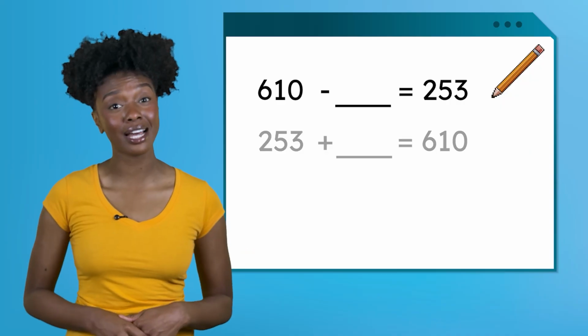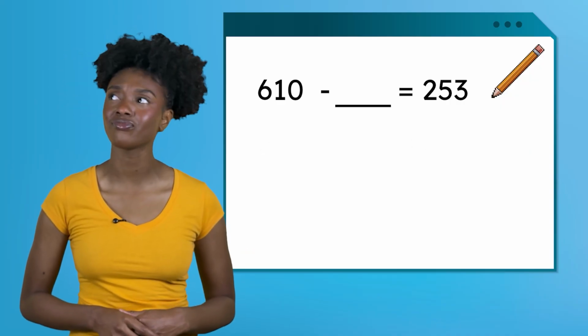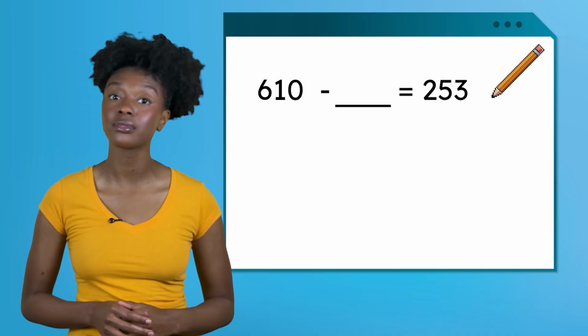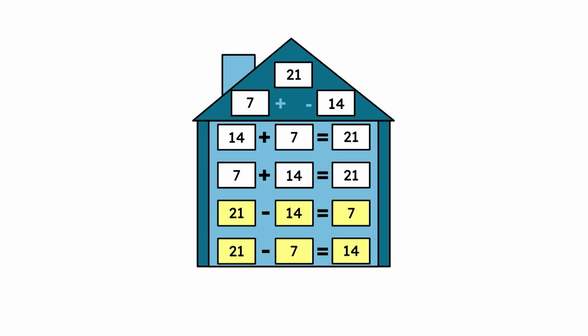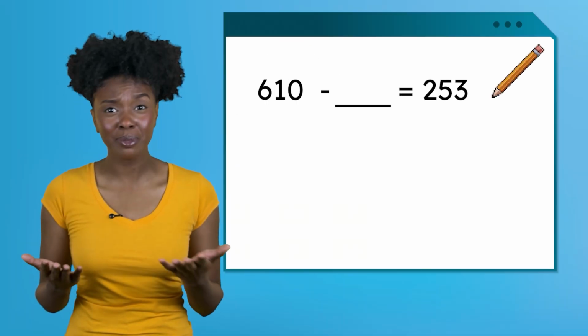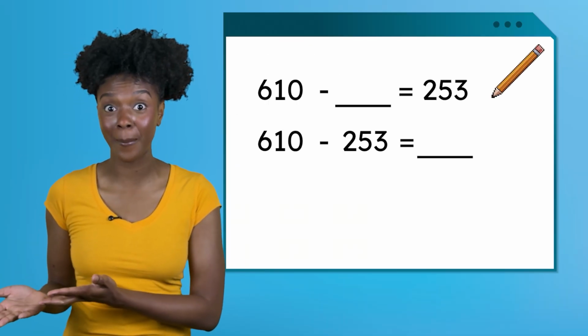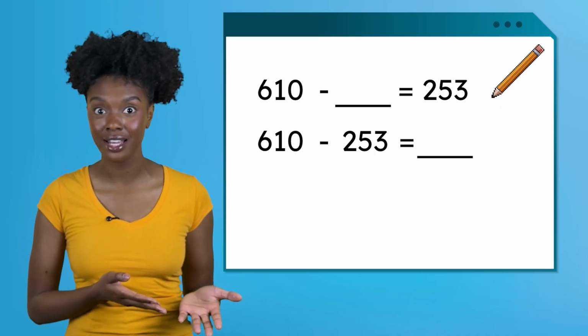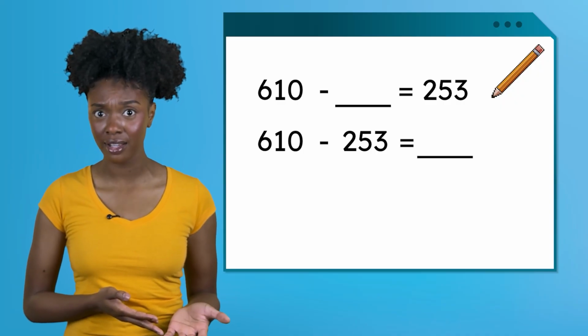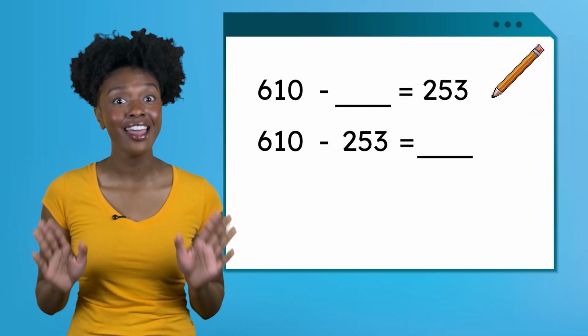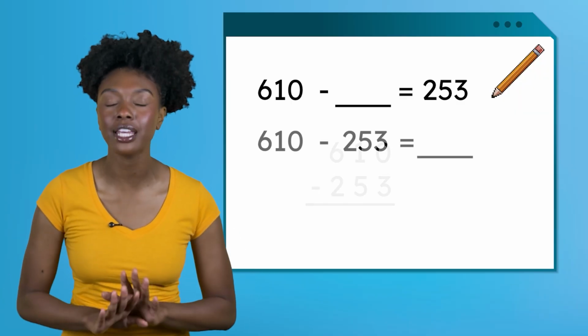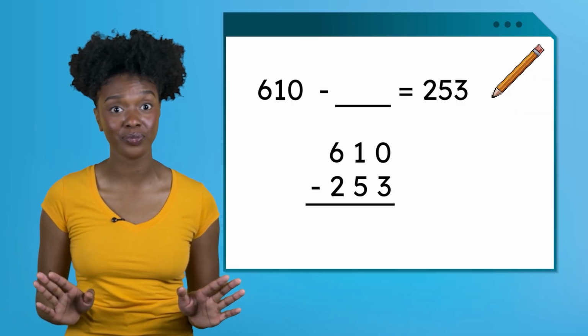We'll have to try something else. Thinking back to our fact families, with subtraction problems, the first number stays the same and the other two numbers can flip around. Can we just flip this into 610 minus 253 equals our mystery number? Yes, that will totally work. Now the blank is at the end, making it much easier to solve.